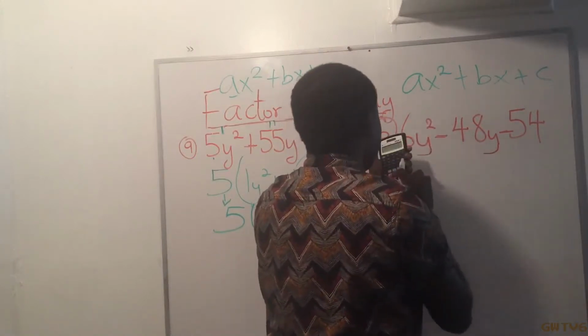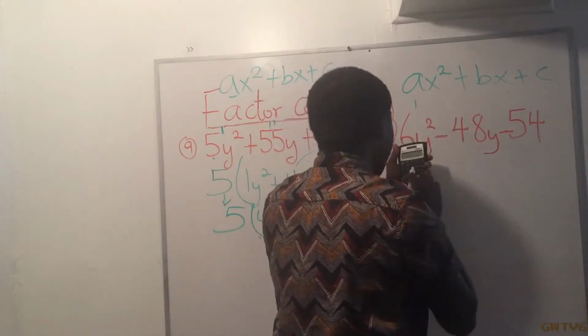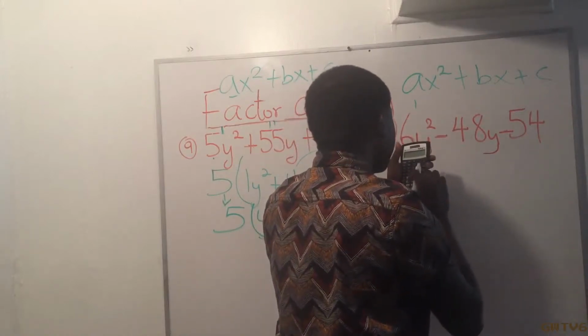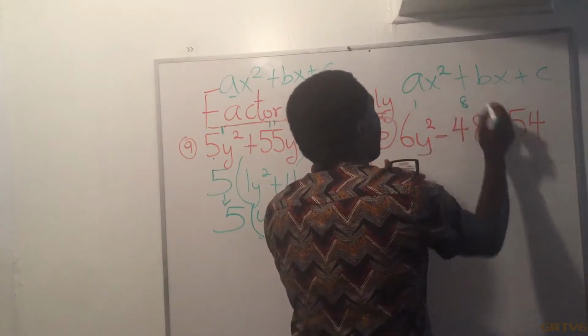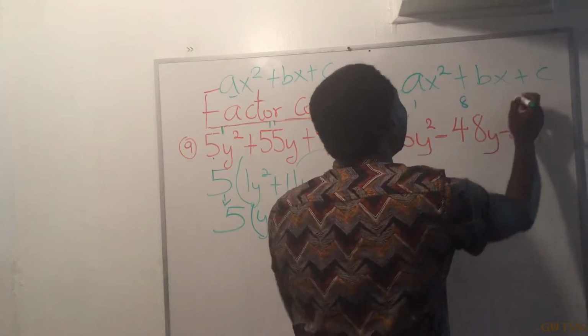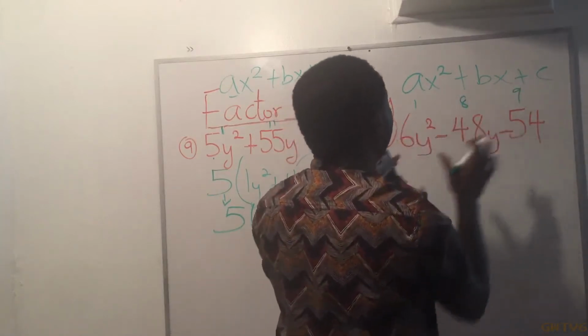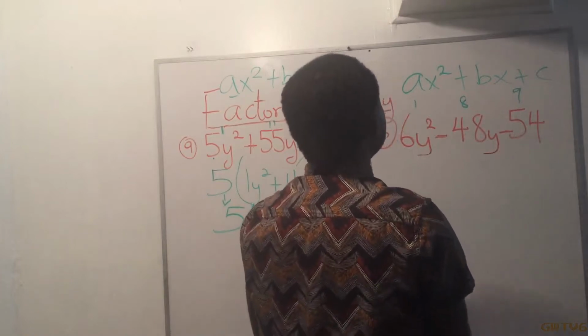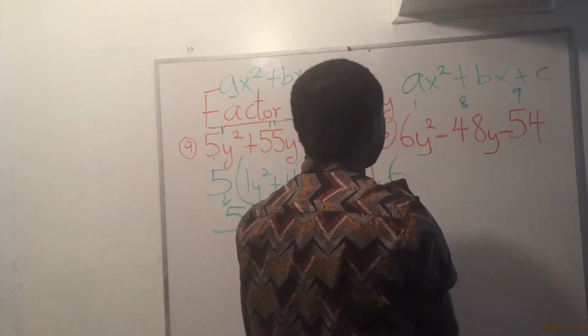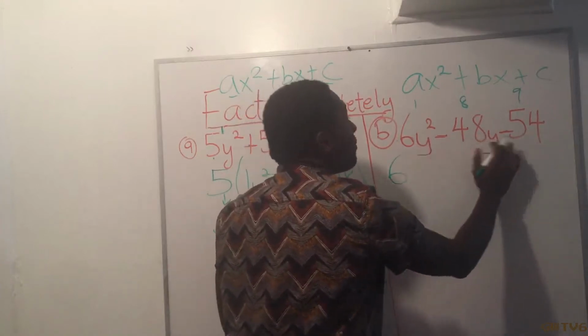So 6 divided by 6 is 1. 48 divided by 6 is 8. 54 divided by 6 is 9. So that means 6 was able to divide into each one of these 3 numbers, so I can bring out 6. But for the variables, I see y here, y there, but there's no y here.